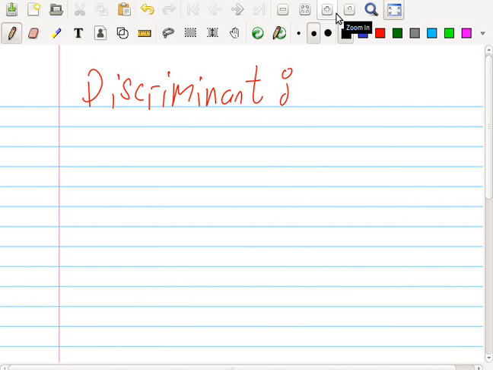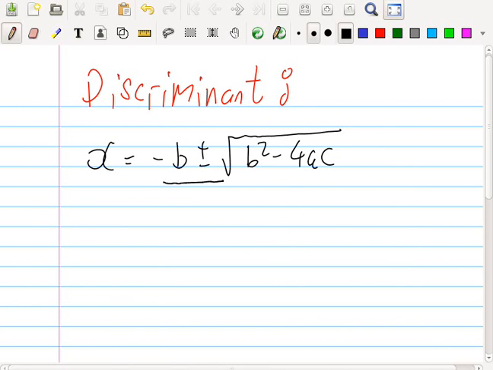So we're going to look at something now called the discriminant. From the last lesson you have your formula for quadratic equations: x equals minus b plus minus the square root of b squared minus 4ac, all over 2a. And this piece here is really the important piece.